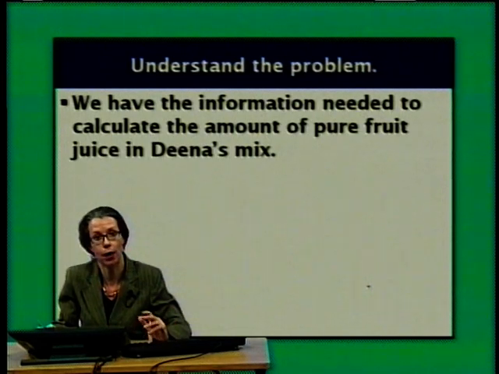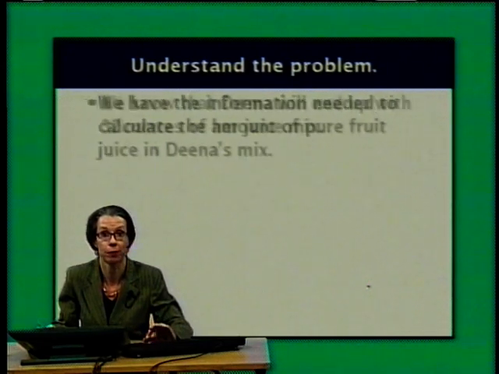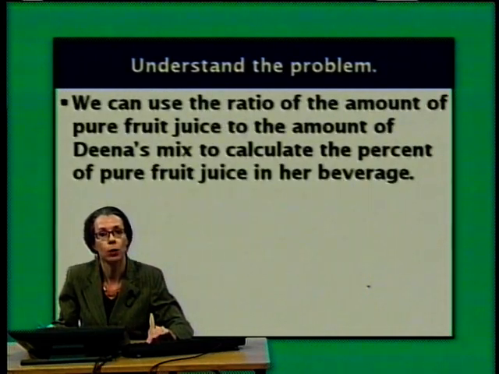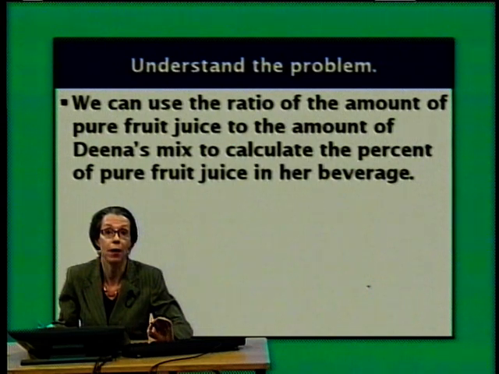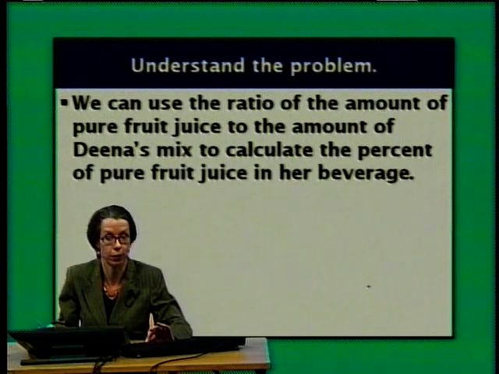We can figure out how much pure juice is in the 75% juice drink, and that will tell us how much pure juice we have. We also know that Dina's going to end up with 32 ounces of her juice mix, 20 ounces of one type, 12 ounces of the other. We can use the ratio of the amount of pure fruit juice to the amount of her mix to calculate the final percentage, or the percent of pure fruit juice in her beverage.